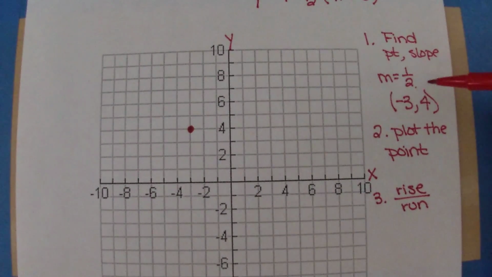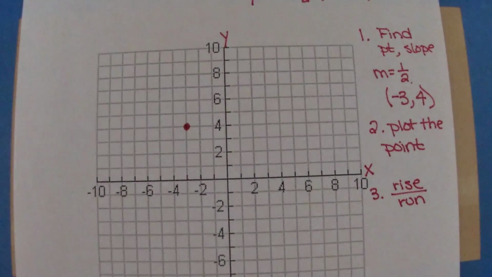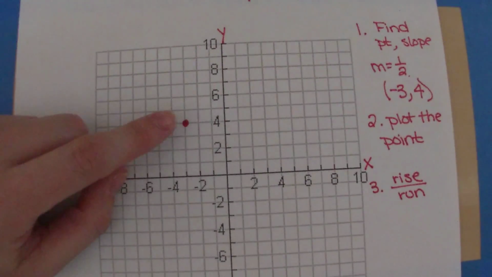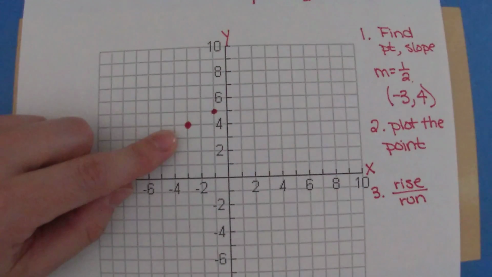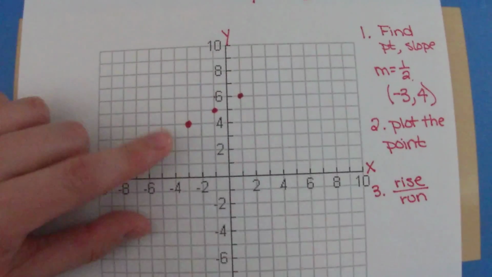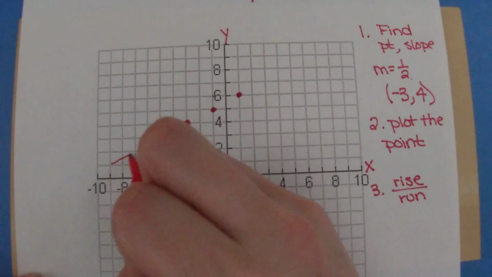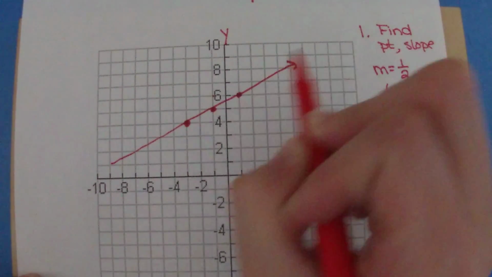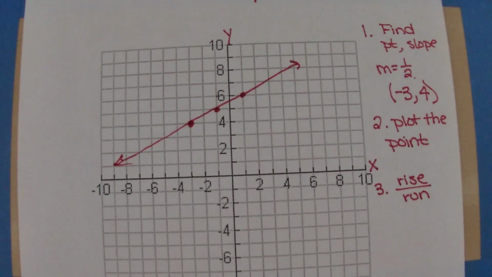So since our slope is 1/2, from this point, not from the origin, not from anywhere else in the coordinate plane, from this point, we are going to go up 1 over 2. We only need those 2 points, but if I count one more time, I can really make sure my line is nice and straight and I didn't miscount anywhere. However, in Aleks, it kind of makes your line perfectly straight for you anyways. And there is our line.